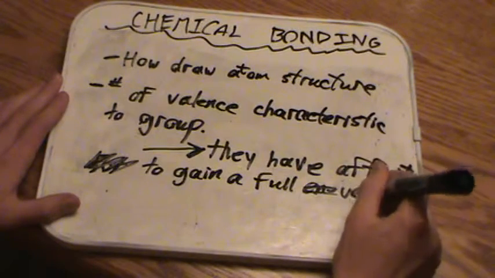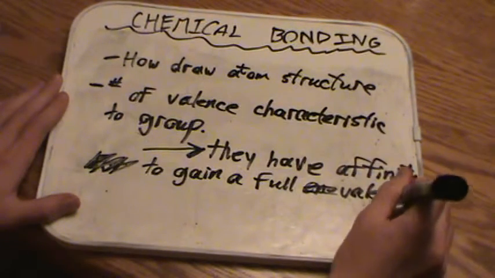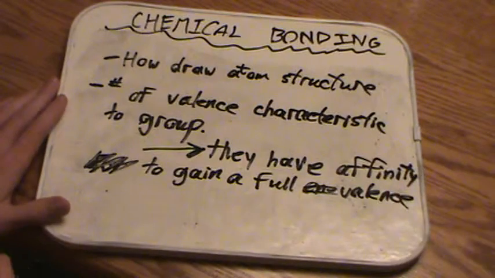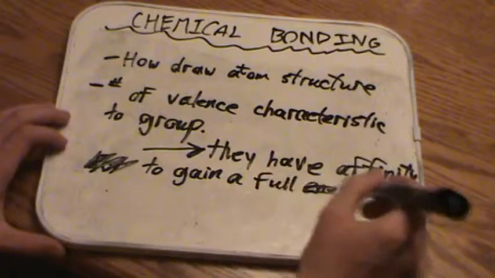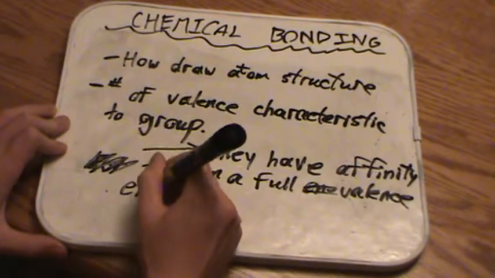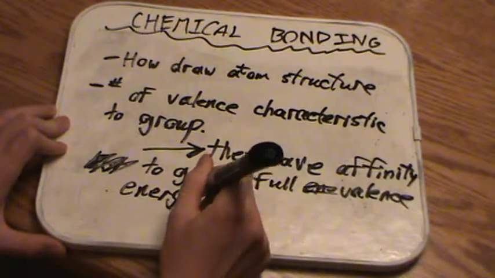Valence energy level, this idea of valence or outermost energy level, so the most outward energy level from the nucleus.